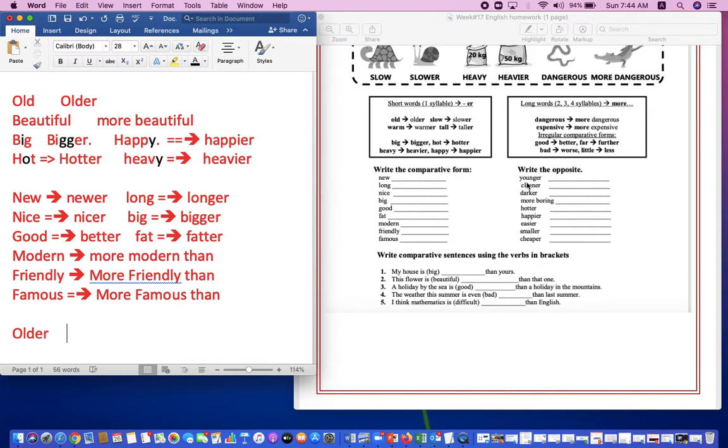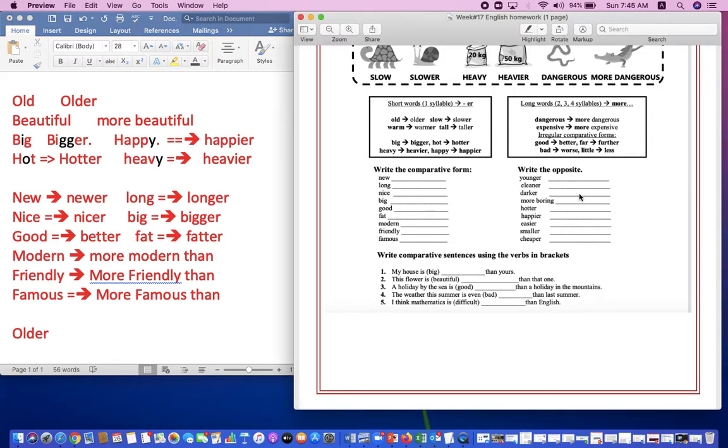No, I want the opposite of young. The opposite of young is old. So with an -er, it will be older. More cleaner. It won't be more clean. It will be dirtier. Okay? So I want the opposite of the adjective. Then we put an -er. Then we put it in the comparative form.